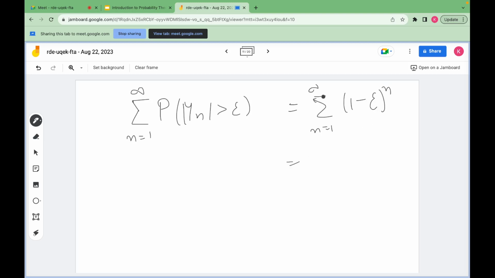So this is a geometric series. The series sum will be (1 minus epsilon) upon epsilon.